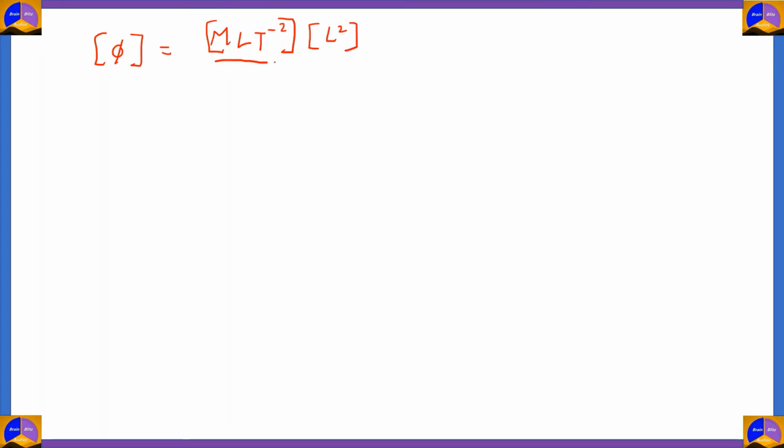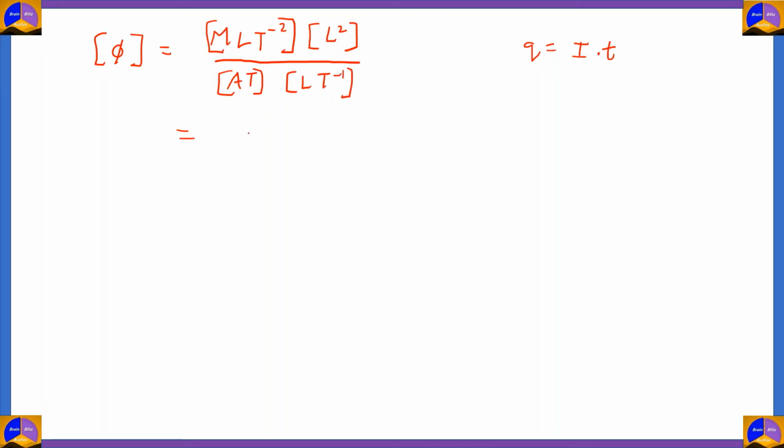L into L is A. Divided by Q, which can be expressed as IT, that is current into time. So current has ampere as its dimension, and then there's time. So that's the dimension of charge. And then V, velocity, is distance by time, so L T raised to minus 1.